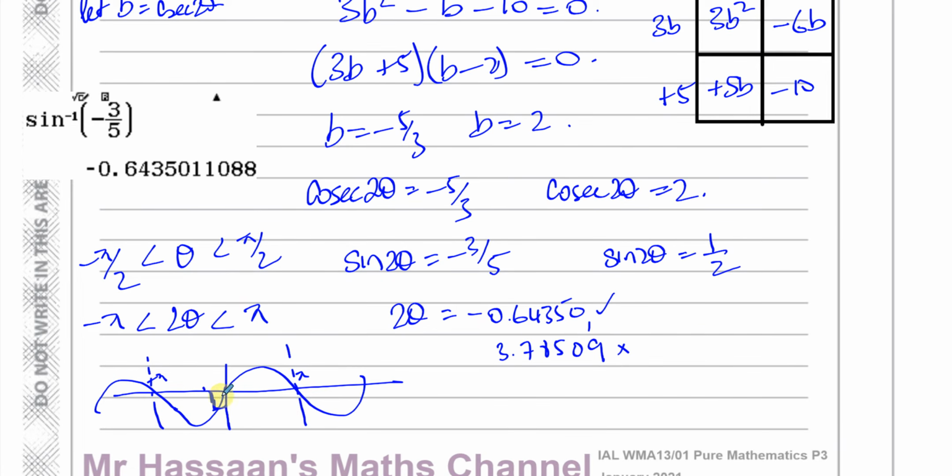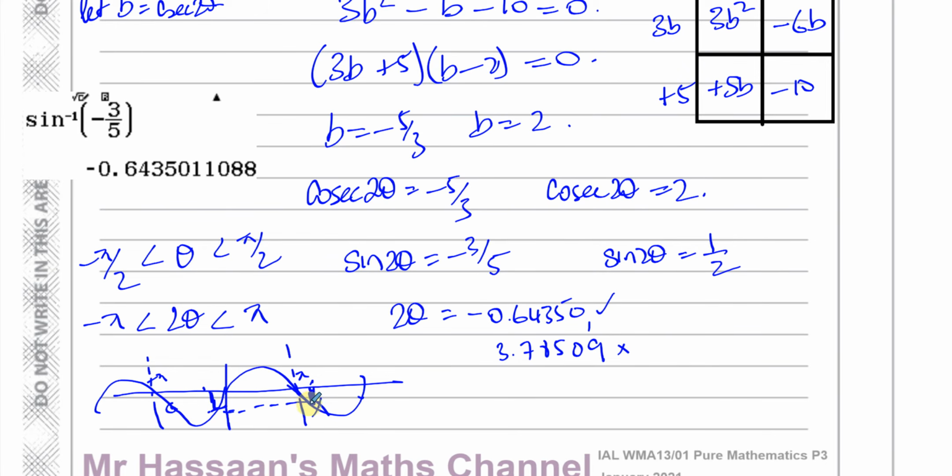The other answer we got was this answer over here. This is outside of our range because we can only go up to pi. But I can see there's another angle here which is going to be inside our range, which is 360 less than this angle. These two are the main two angles, and after these two angles, everything else is 360 away from it. So this is 360 away from there, outside of the range, of course. But this is 360 before this. It's in the same relative position. They're separated by 360 degrees because it repeats every 360 degrees.